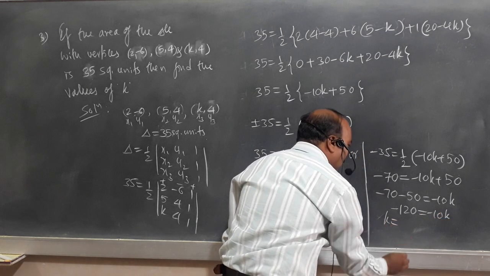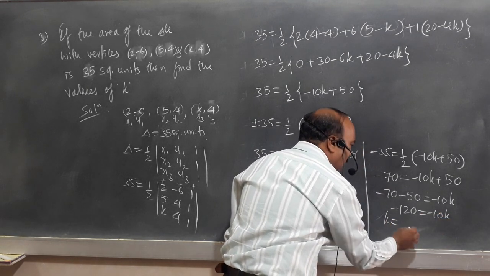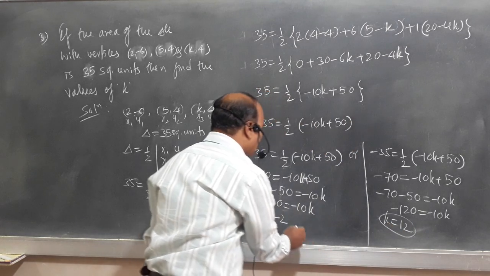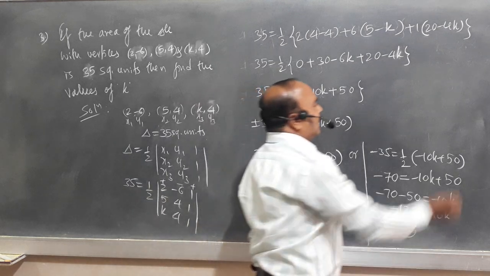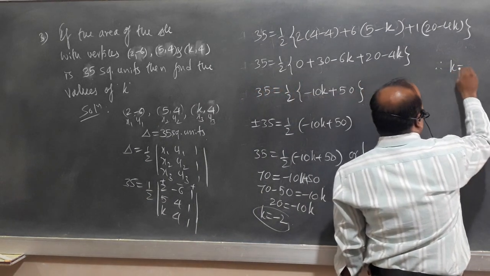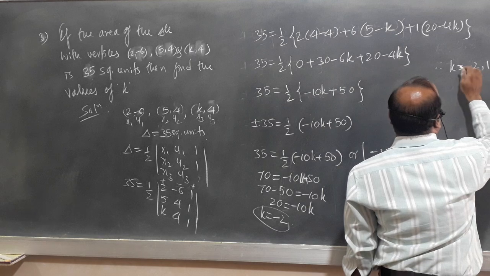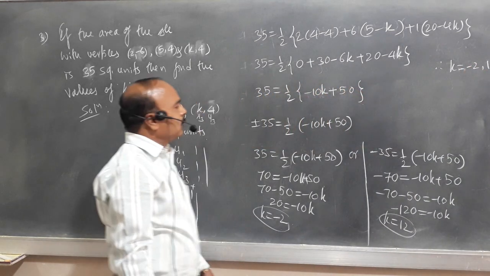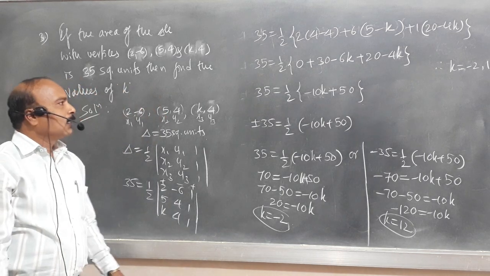Therefore k equal to minus 120 by minus 10, it is 12. Here we get minus 2. Therefore, the values of k are minus 2 and 12. These are the values of the unknown by using this area of triangle formula. Take this solution.